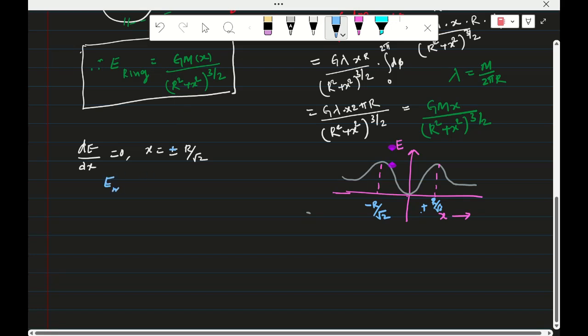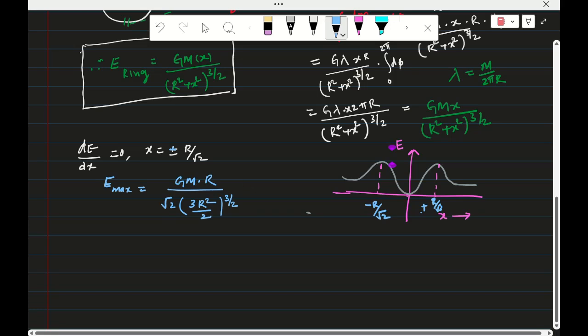So E maximum is equal to gm into r by root 2 into, here (3 r square by 2) whole power 3 by 2.